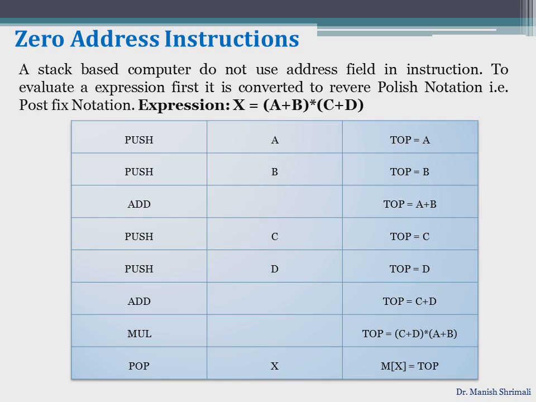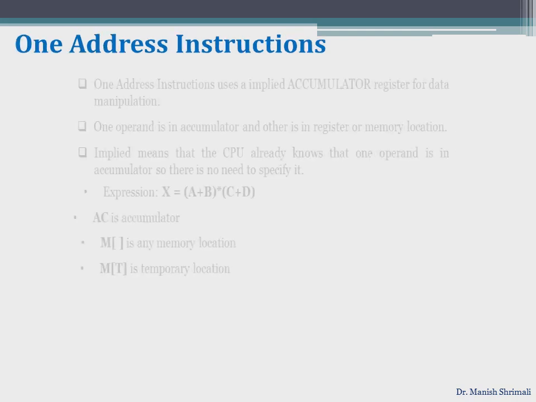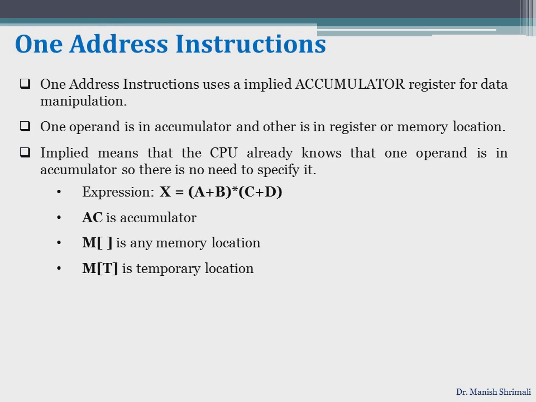This is how the expression is solved and how the zero address instructions are used here. Next, let us see what one address instructions are and how they are performed.